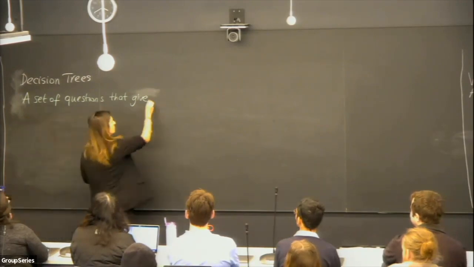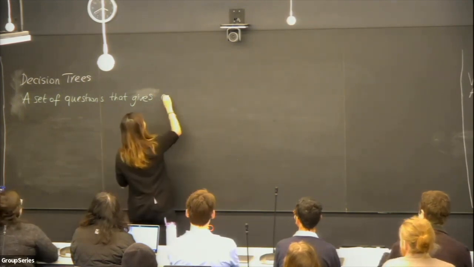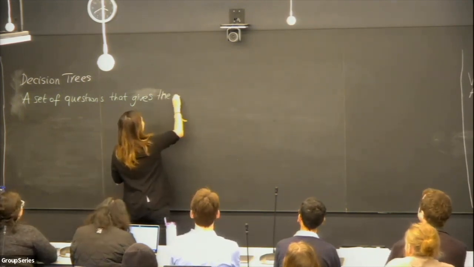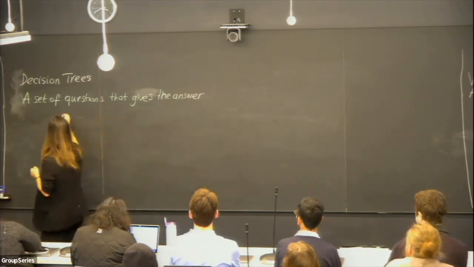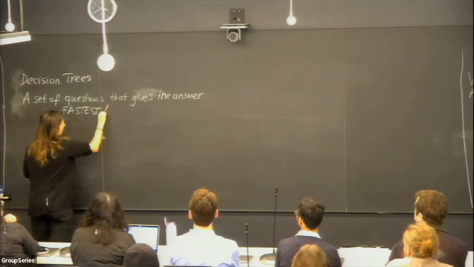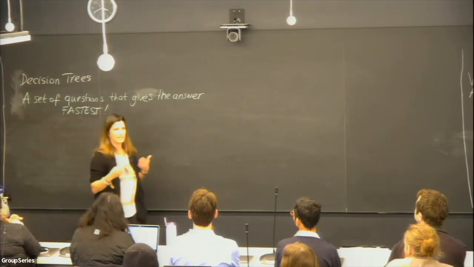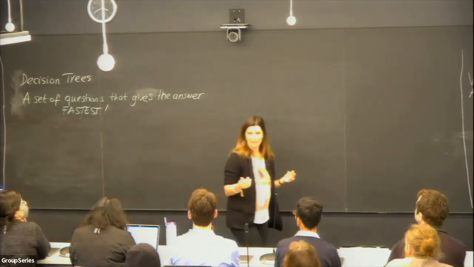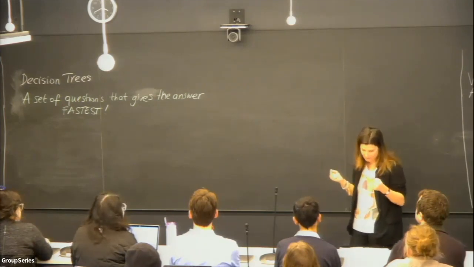Gives. Okay, very good. I also need to learn something. And of course, you don't just want the answer, you want it fastest. So the goal is to come up with a set of questions so that you get your answer as efficiently as possible.